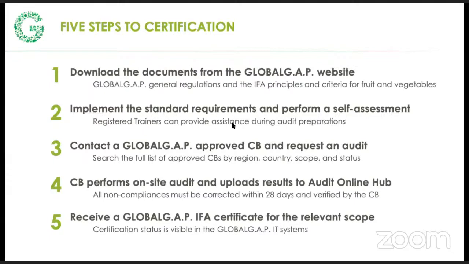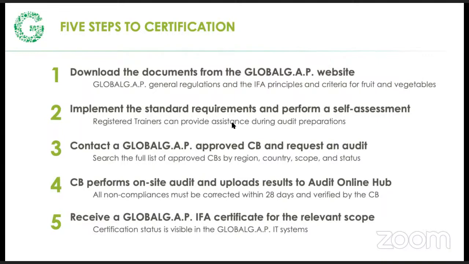Essentially, to be Global GAP certified requires 5 steps. And the only difference would be whether we're going with option 1, where we're the individual, or option 2, where we are a producer group, like a cooperative.